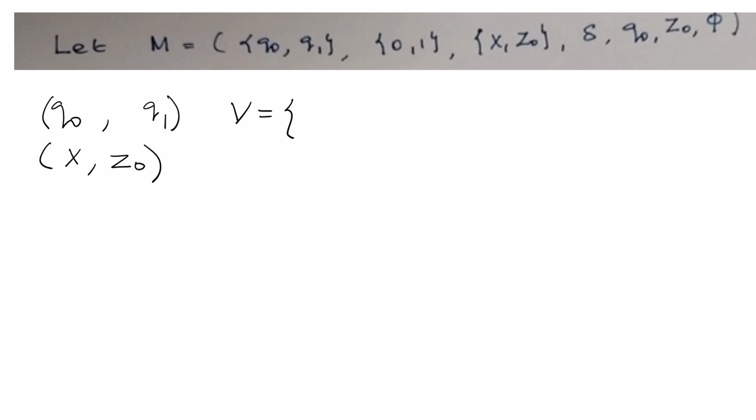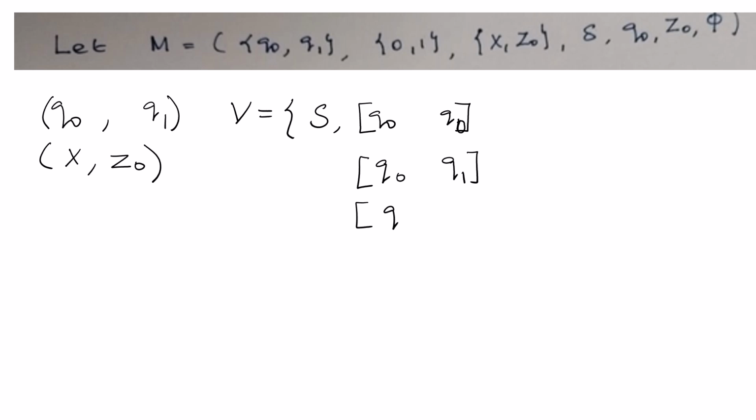So we want to add the start symbol S, and then go with the combinations. Q0, Q0, and then Q0, Q1.